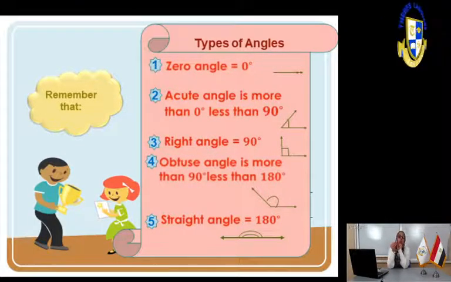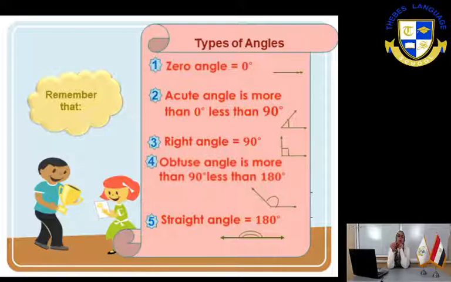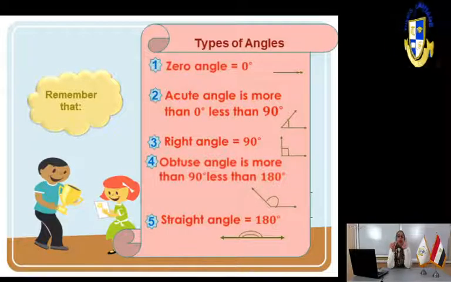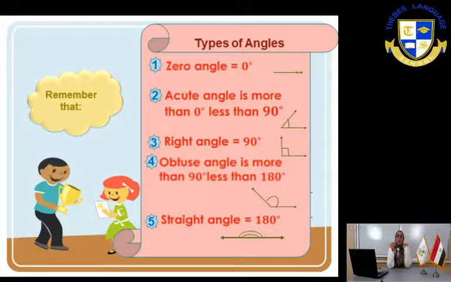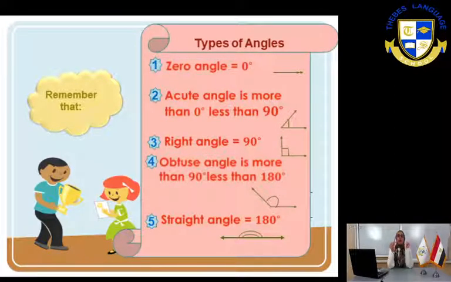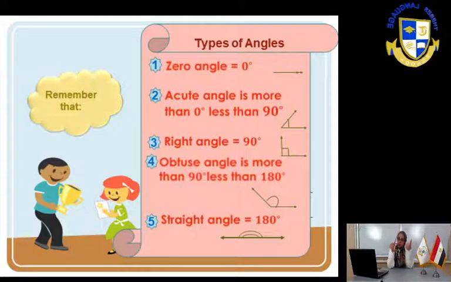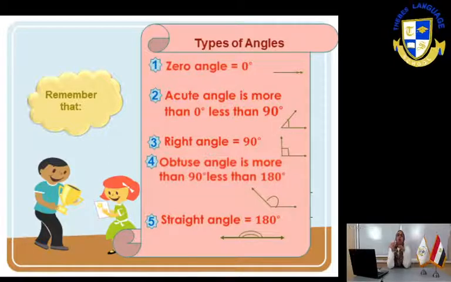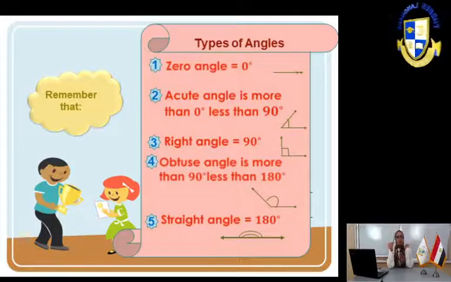This small space forms another type of angle, and we call it an acute angle, because it is a small space, okay? The acute angle measures more than 0 degrees and less than 90 degrees. It may be 45, 30, 60, 89, okay.